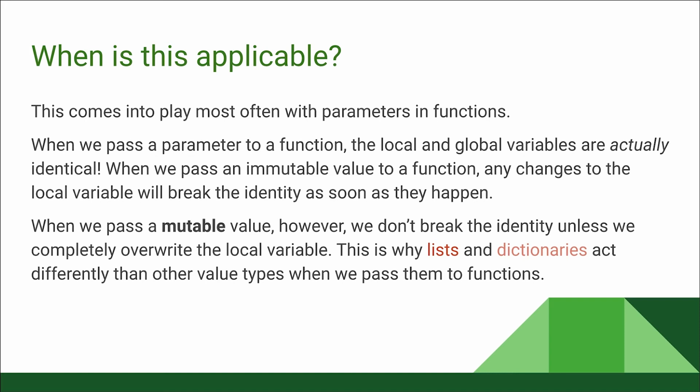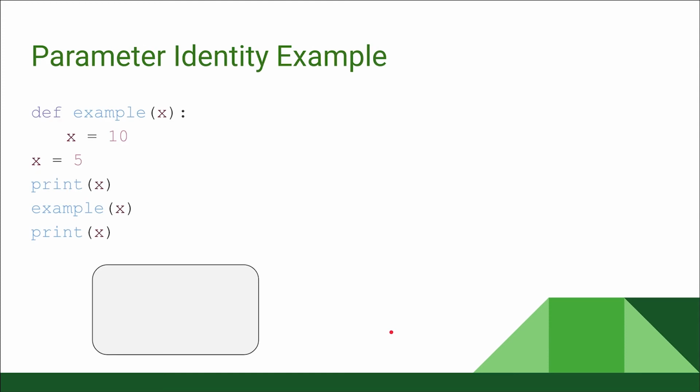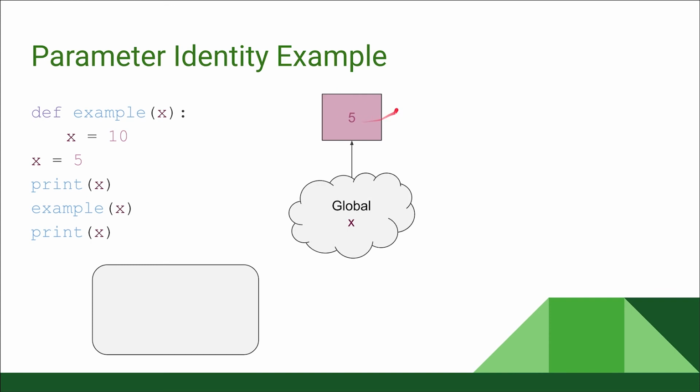So let's look at an actual example. I have my function called example, takes one parameter x. It's going to change x to equal 10. Outside I have x equals 5, so I'm making my global x, and it's thinking of the number 5. If I print x, I get 5. Then I'm going to call example with x. That's going to make my local x, which is going to be looking at that same position. Both of them are thinking of the number 5.